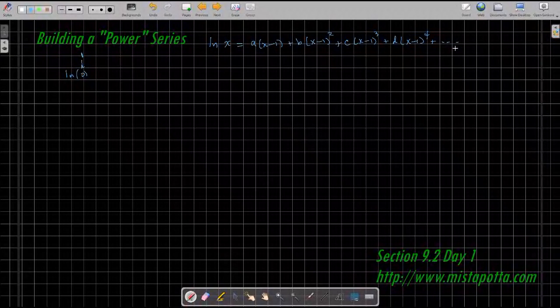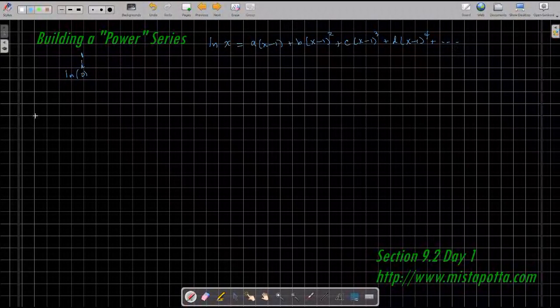I'm hoping that in looking at these different patterns of a and b and c and d, I'm going to find some type of pattern that will allow me to make predictions about what the terms of this series should end up being.